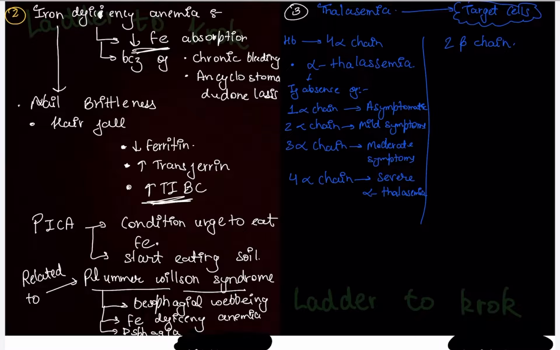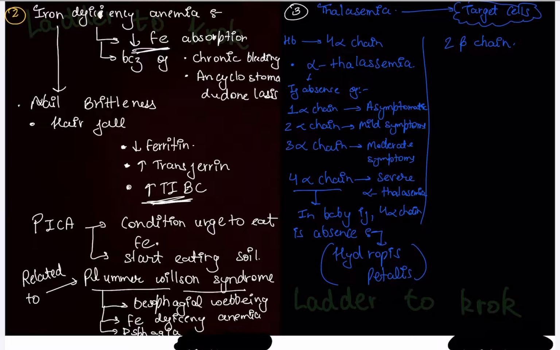And in a baby, if all 4 alpha chains are absent, we call this condition hydrops fetalis. Then in the beta chain, which beta chain is absent?